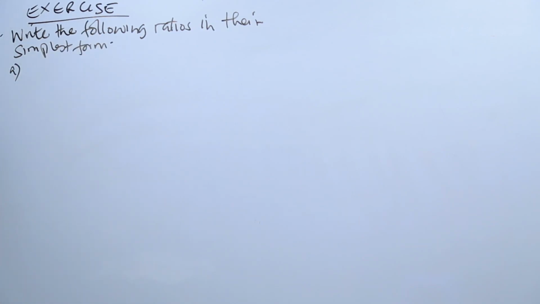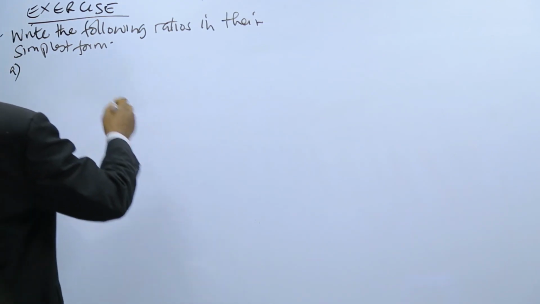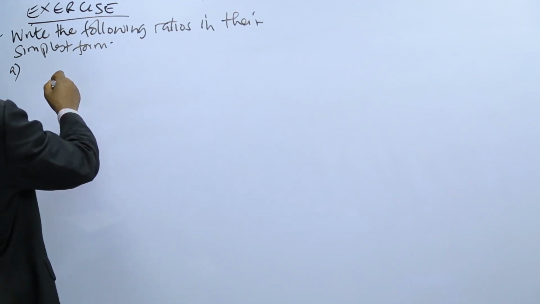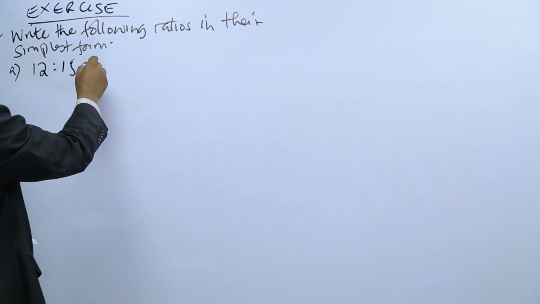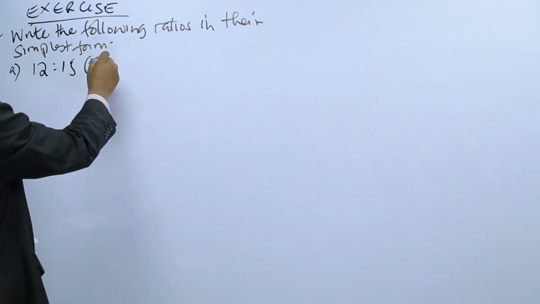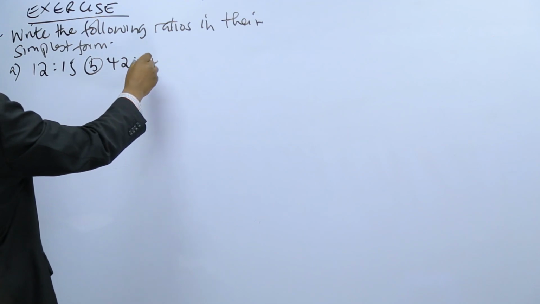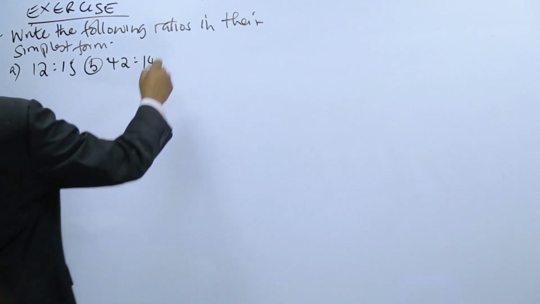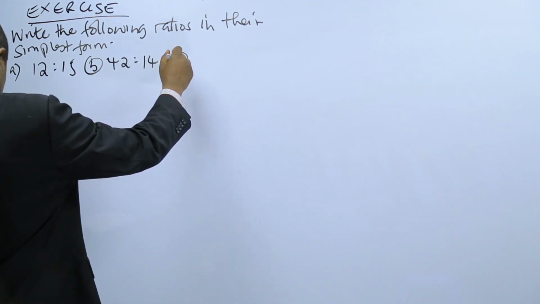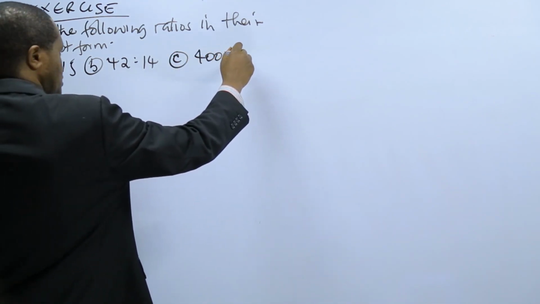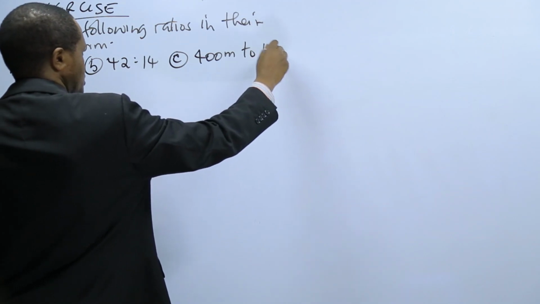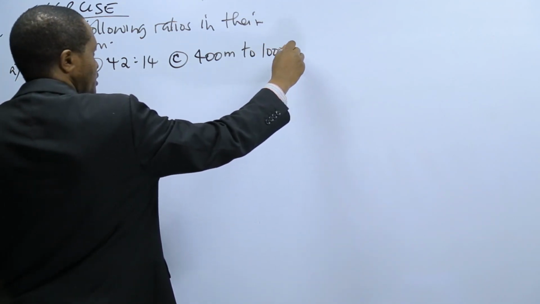The first one here is A, 12 to 15. B, 42 to 14. C, 400 ml to 1000 ml.